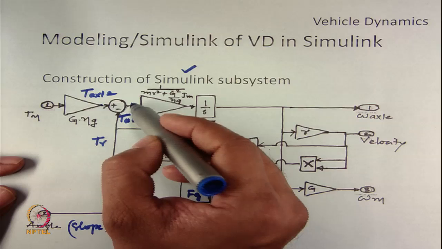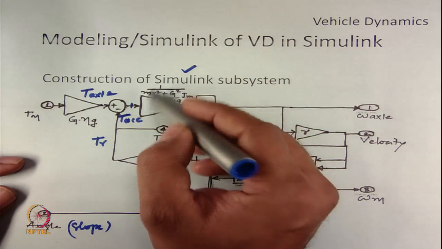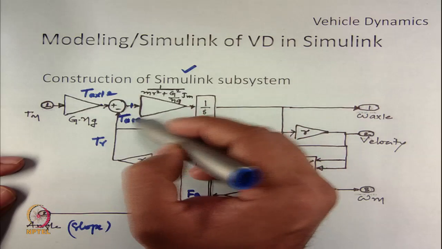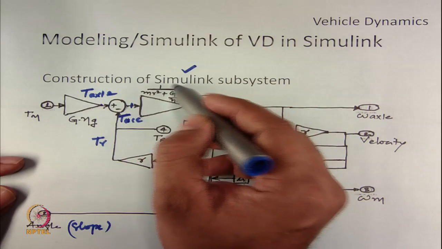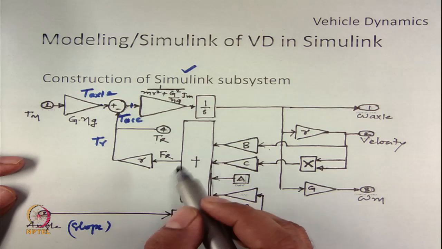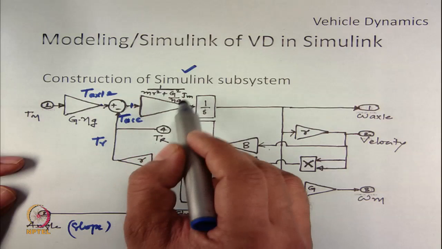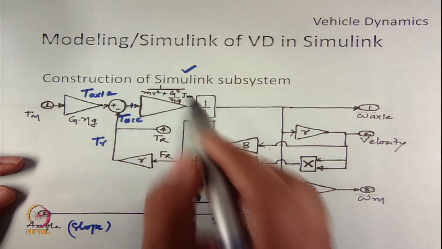So, once T acceleration is known, we can divide this T acceleration by the equivalent inertia of the system. So, we know that it is m r square plus g square eta g by j m.